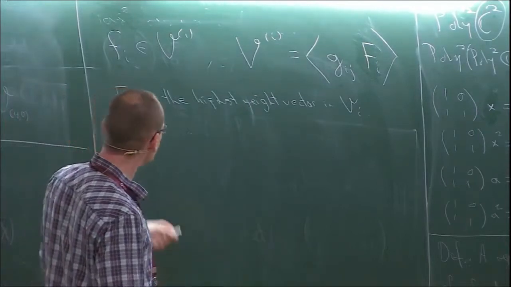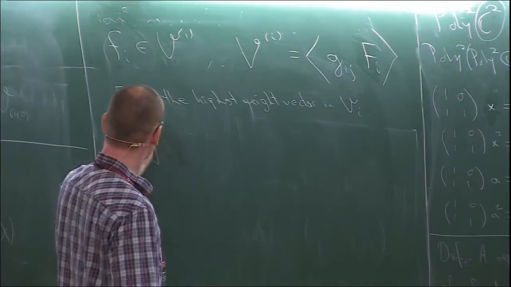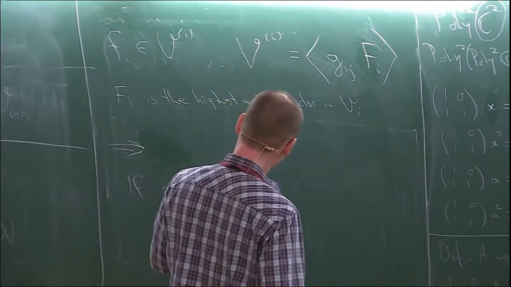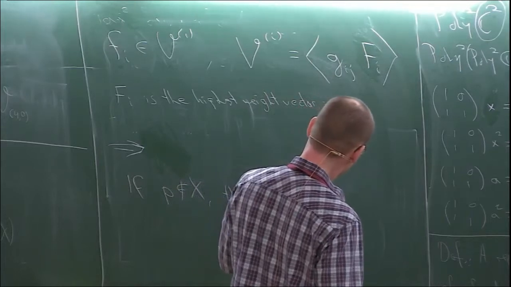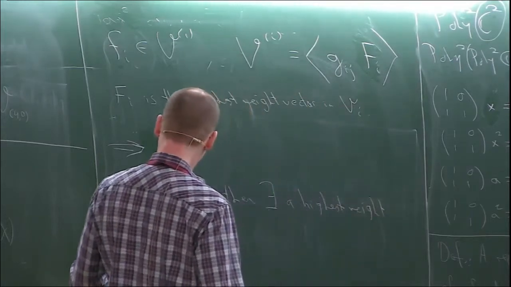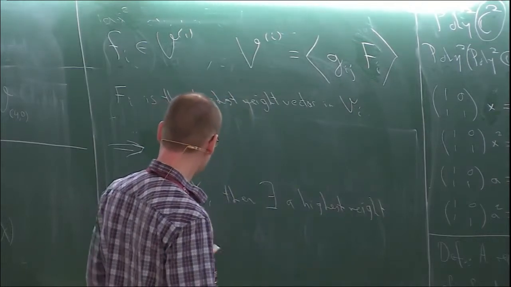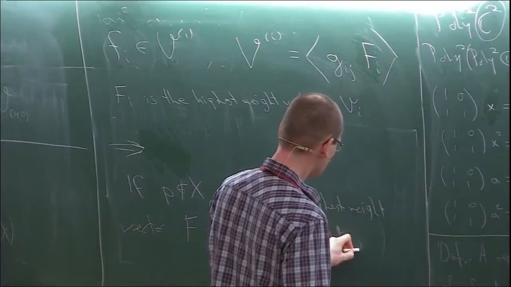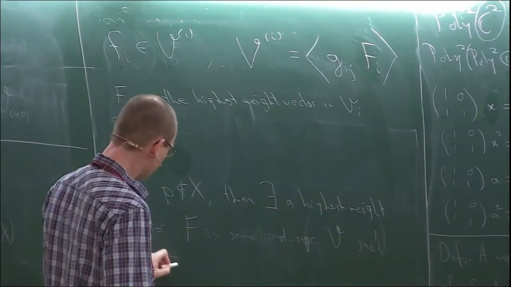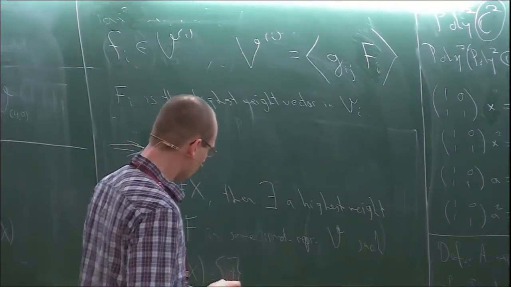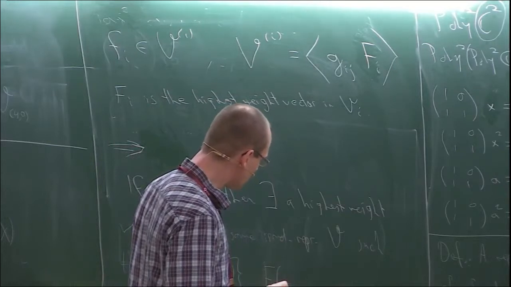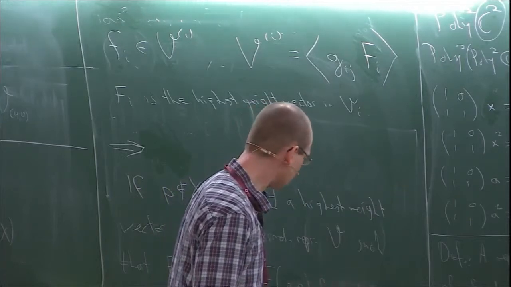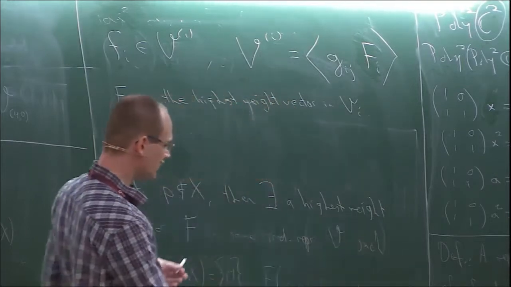As a conclusion, if P is not in X, then there exists a highest weight vector F in some irreducible representation, say V, such that F vanishes on the whole of X, and F is non-zero, not at your point, but at a tiny translation GP, for almost all G. That's a tiny technical constraint, but you can take literally any random G and it will do.